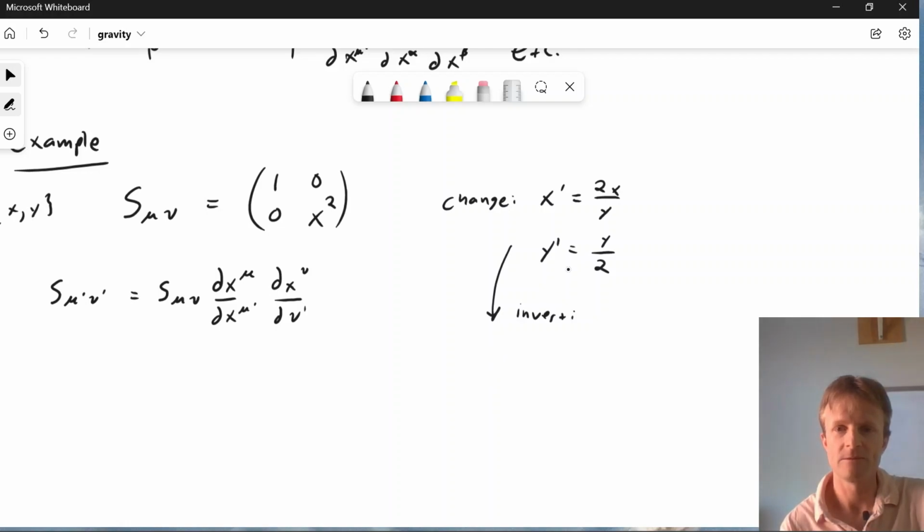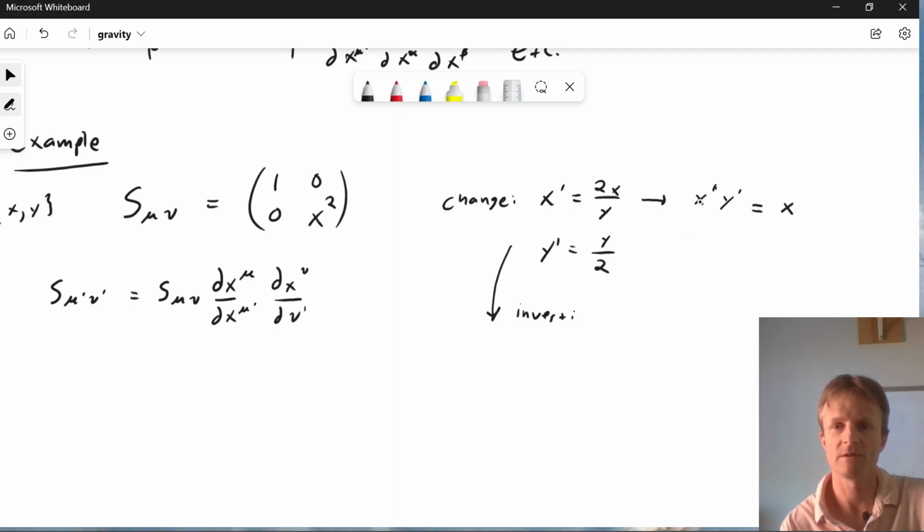So I see y prime is y over 2. So here's a y over 2. So it looks to me like this top equation becomes x prime y prime equals x. Stop me if I'm wrong. I bring the 2 over y to the other side.